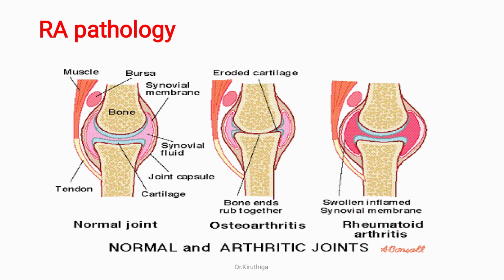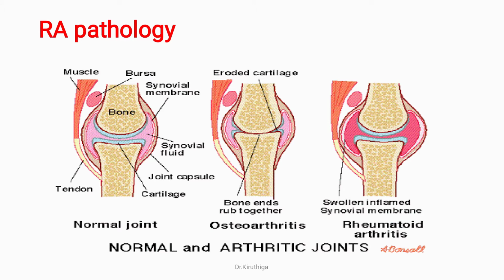So the synovium is a soft tissue lying in between the lower end of the bones and the joint capsule. So the entire pathology is targeted on the synovium. Synovitis is the pathology in rheumatoid arthritis. In osteoarthritis, the synovium is very intact.